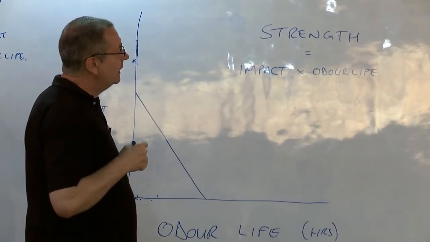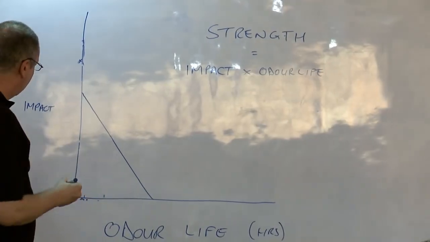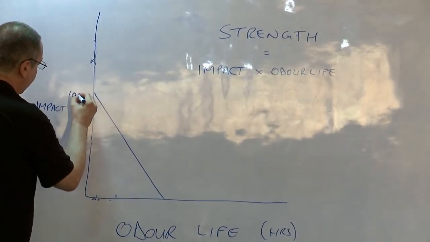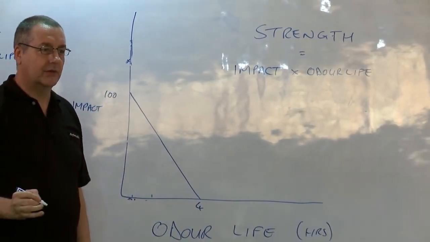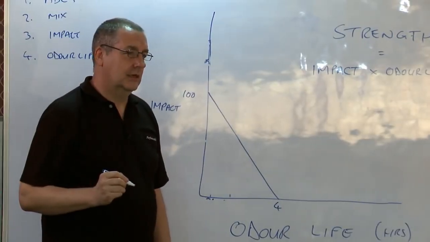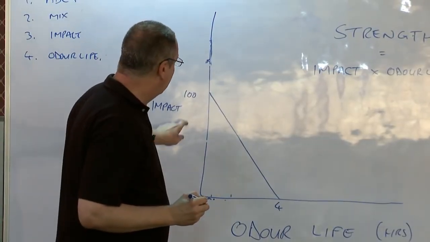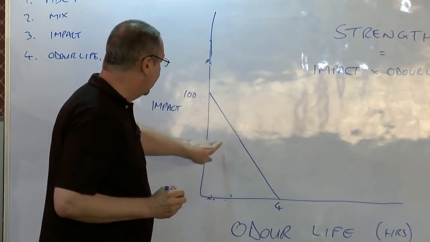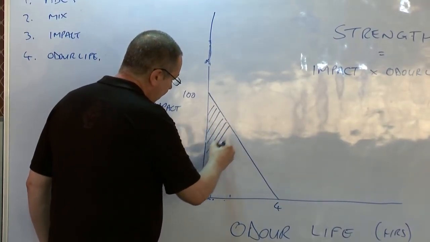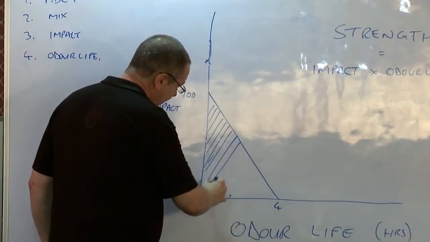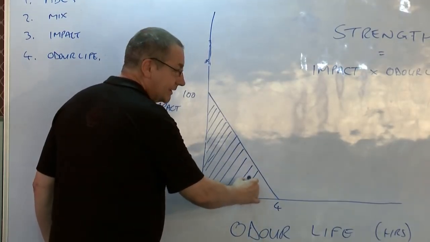I haven't finished the formula yet, but if we think about linalool, it has an impact of 100 and an odor life of 4 hours. What that tells us is that this area under the graph is how many odor units there are.